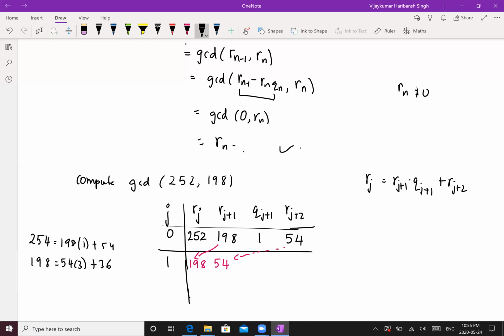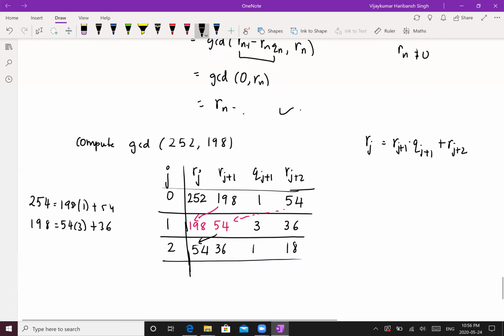So I get 3 and then 36. Now again, step 2, this will come here. I get 54, and now I'm dividing it by 36. It goes 1 time and the remainder is 18.